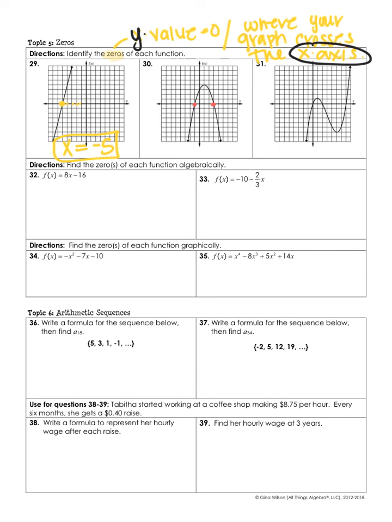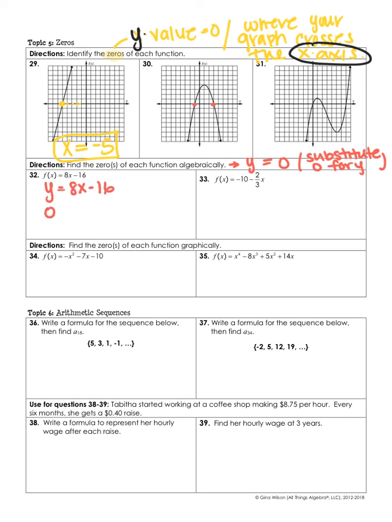For 32 and 33, it wants us to find the zeros of each function algebraically. So like I said up there, to find it algebraically, it's going to be when y equals 0. So we're going to substitute 0 for y. Where f of x is, remember that's just the same thing as y.